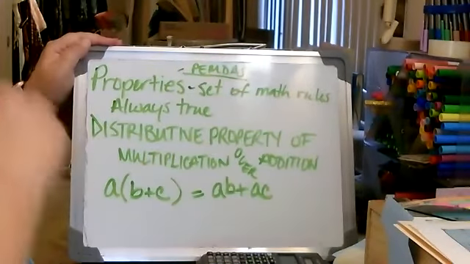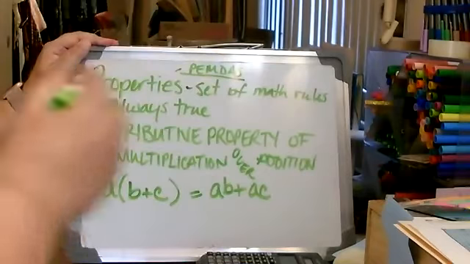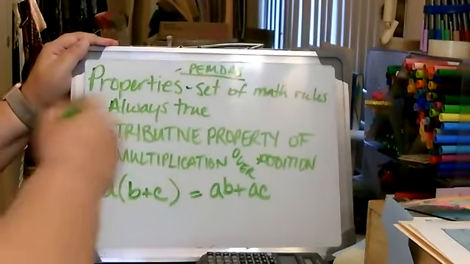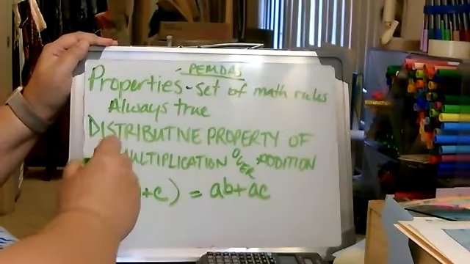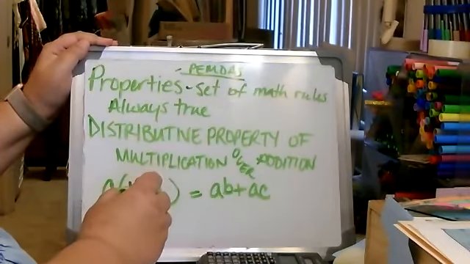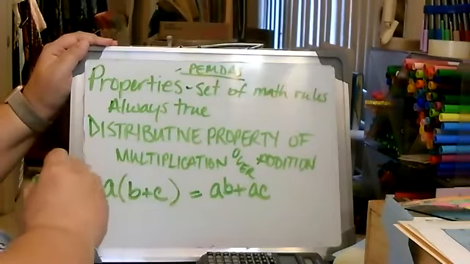And the way we do that is we distribute the problems out. So you're going to take what's outside the parentheses and multiply it times what's inside the parentheses. But you have to do it one term at a time.